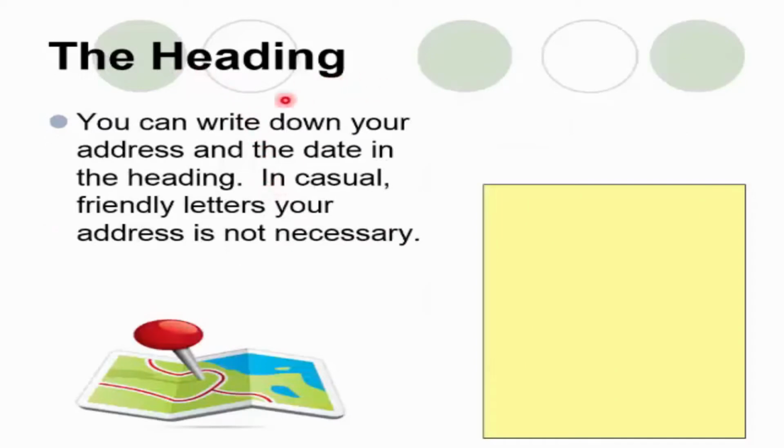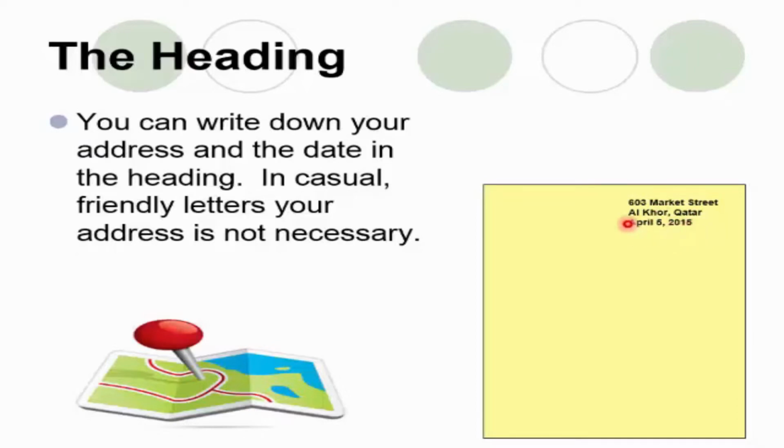The heading. You can write down your address and the date in the heading. In casual friendly letters, your address is not necessary. Here I write the address: 603 Market Street, Al Khor, Qatar, April 5, 2015.